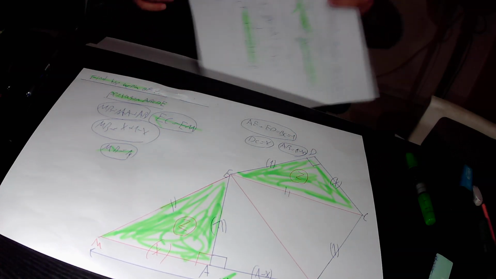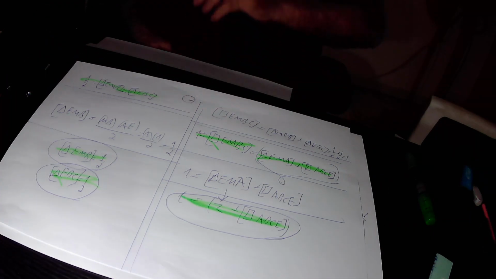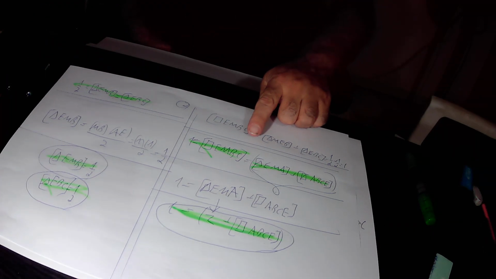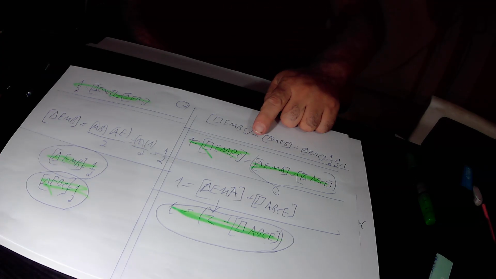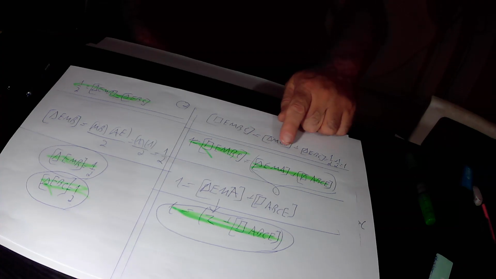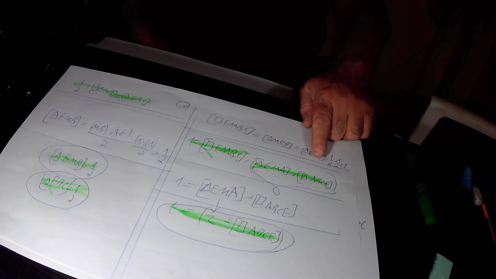And again, if we look at quadrilateral EMBC in another way, the area of the big quadrilateral EMBC must be equal to the sum of the areas of the two shapes that it consists of. The first shape is triangle EMA, and the second shape is quadrilateral ABCE.